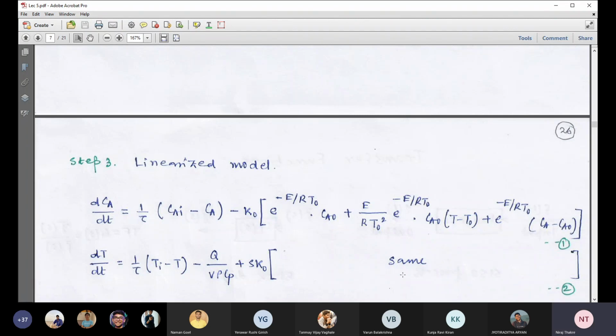Yes, sir. Okay, so this is the third step. Now, what is the next step? Anyone can tell? So probably we will be modeling it for steady state.